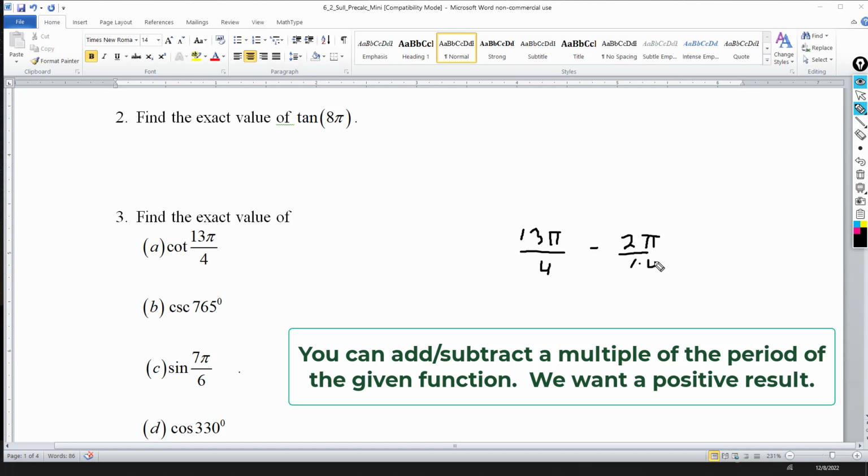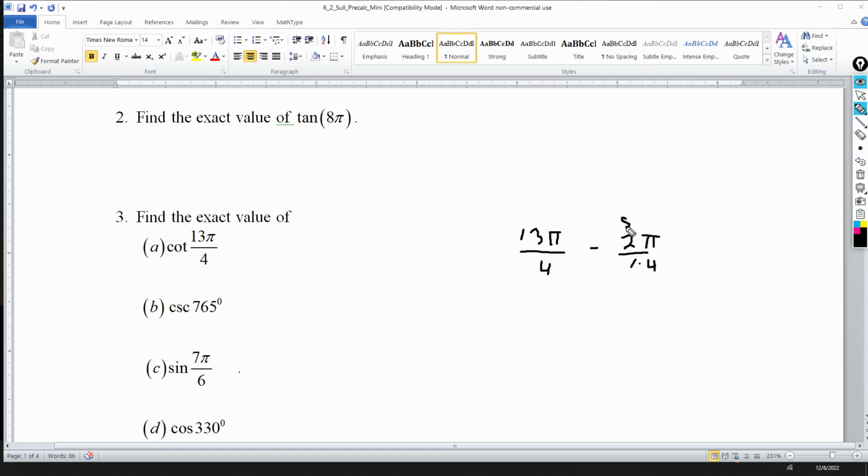So multiply by 4 here and 8 here. 4 times 2 is 8, so 13 minus 8 pi over 4 will give us 5 pi over 4. So I can rewrite this as the same thing as the cotangent of 5 pi over 4.